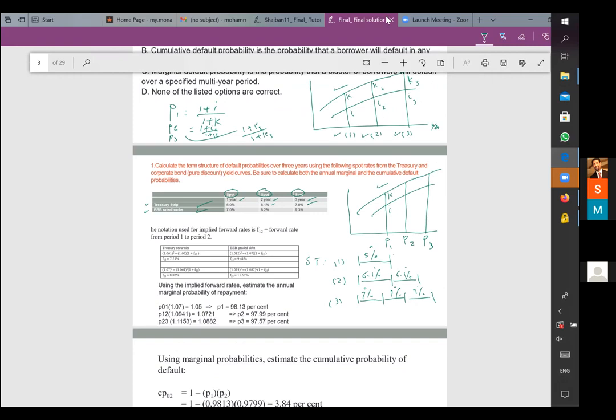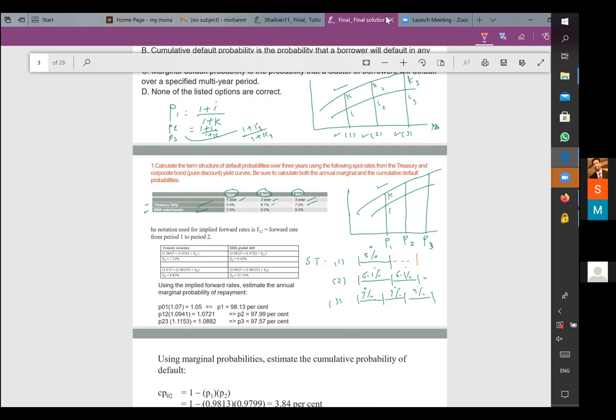Now, the issue is I have the spot for 1 year, I have the spot for 2 years, and I have the spot for 3 years, but I don't have the forward.